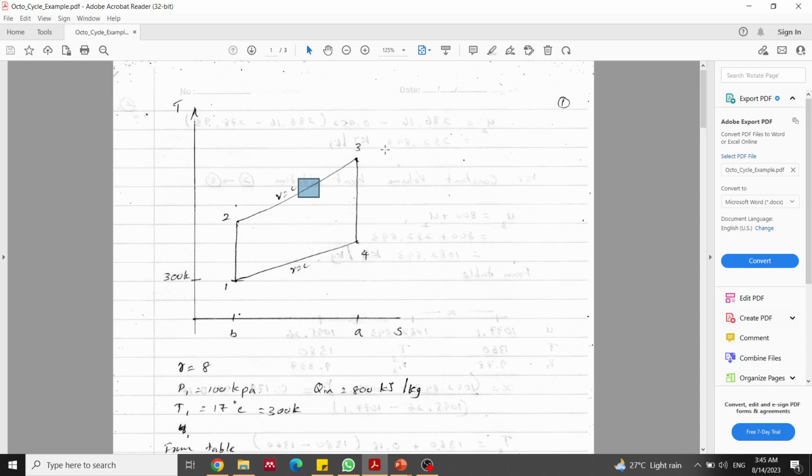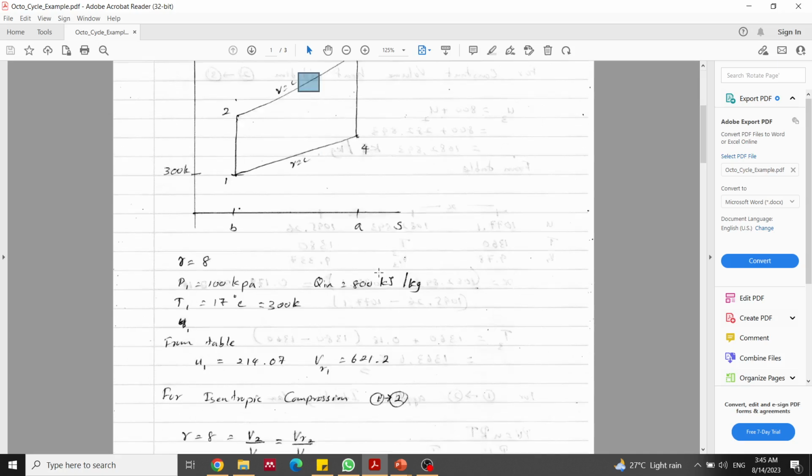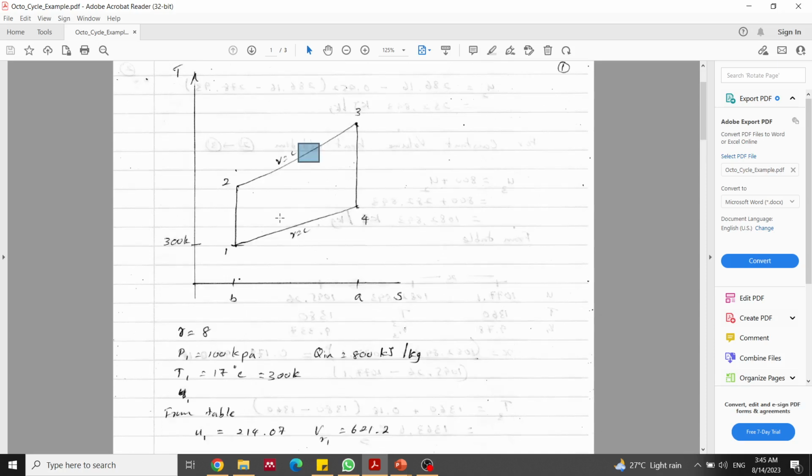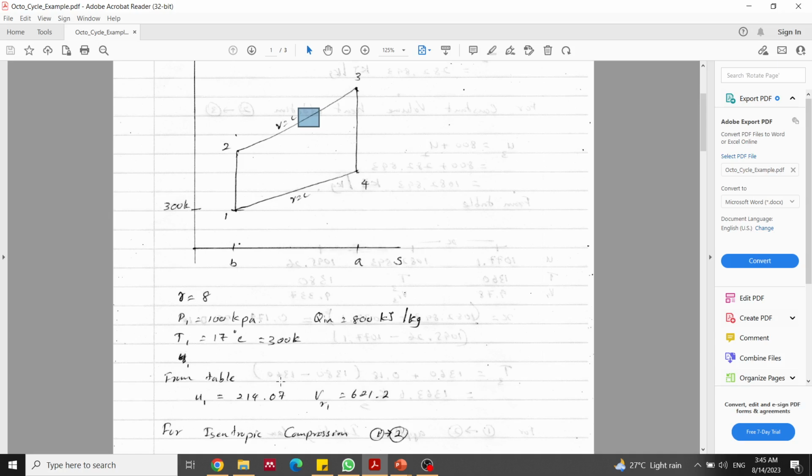So the first part is determining the temperature and pressure at point 3, right? We know temperature and pressure at point 1. We have to find these values at point 2, then we can go to point 3, right? So let me start with point 1. We can refer to the table to find the u1 value and the vr1 value, right?